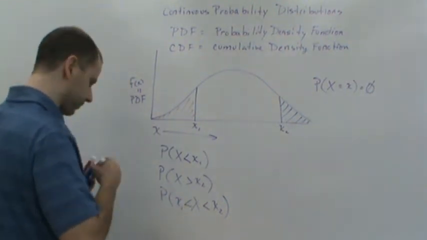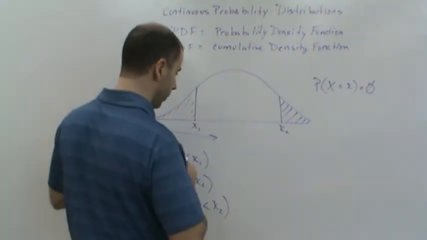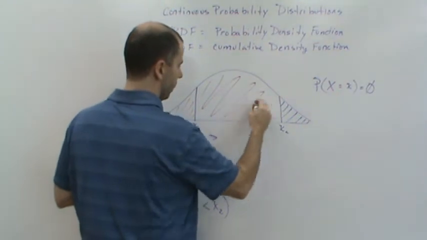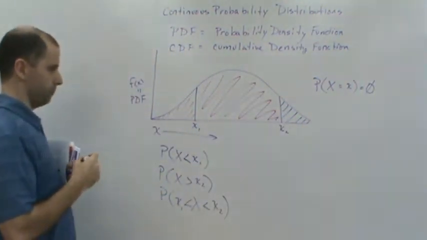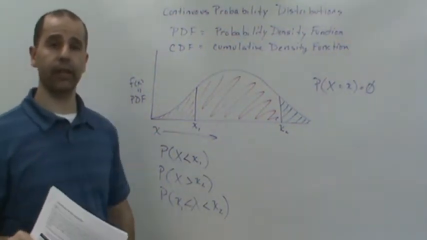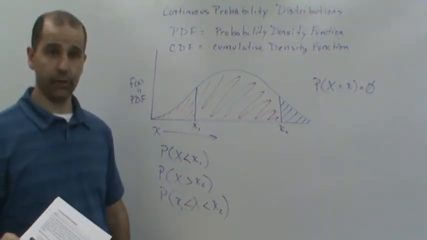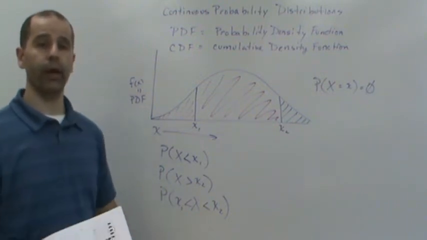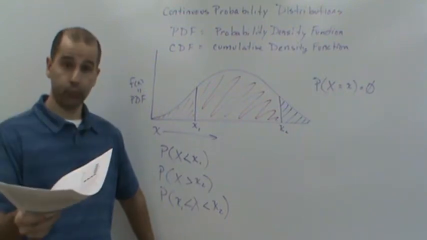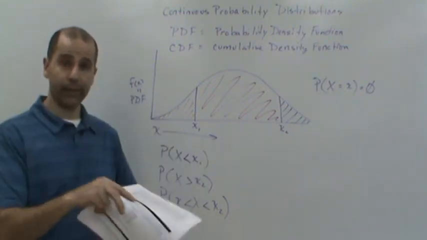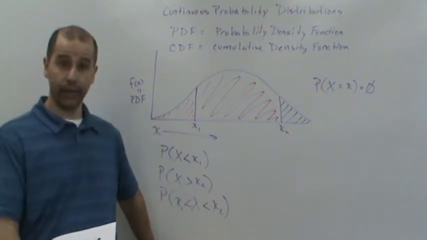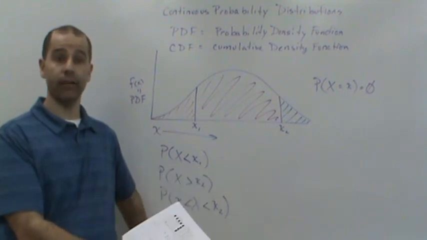And so in that case, we are going to be interested in this area. Okay? So in the continuous case, we're going to be interested in the ranges of values. Okay? Just like in the video that we talked about on chapter 1. In chapter 1, we talked about different types of variables, discrete variables and continuous variables. Same idea. Okay? In this case, we're talking about continuous random variables.